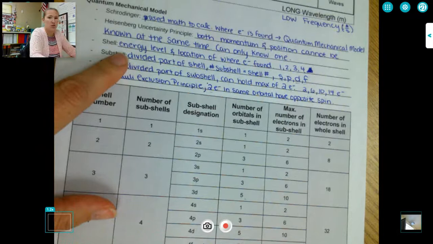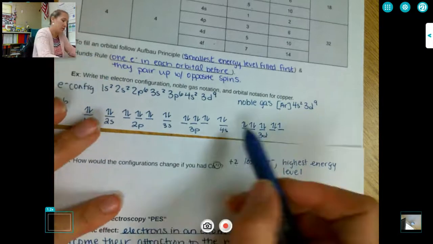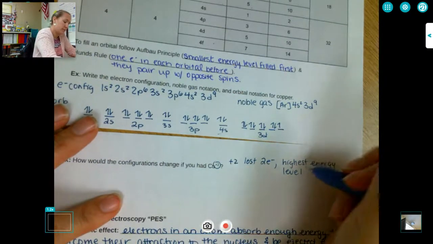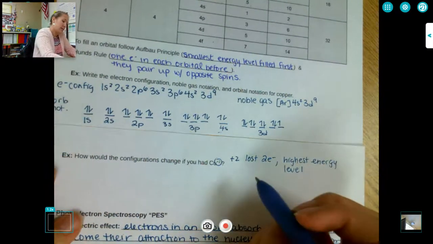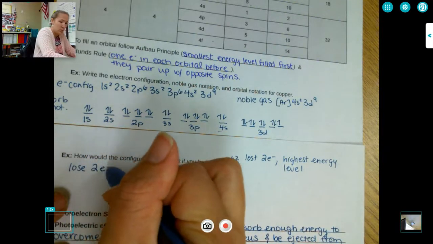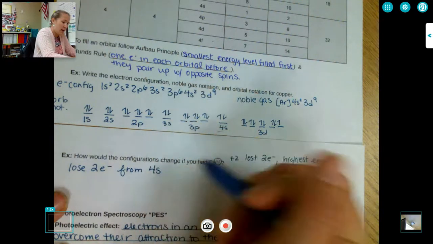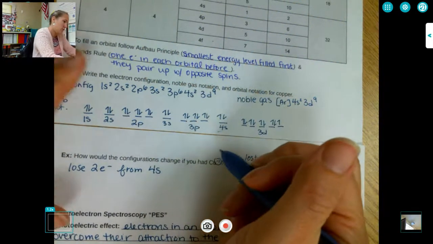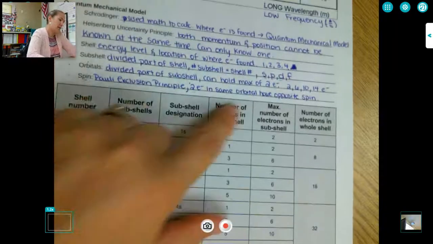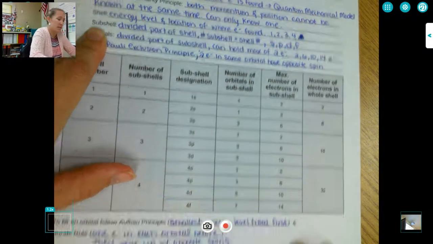Or another name for your energy level is your highest shell. So those are our numbers, 1, 2, 3, 4. And I have energy level 4. So in this case, I'm going to lose my 2 electrons from the 4s. And 4s, S is a subshell. So the 4s subshell.